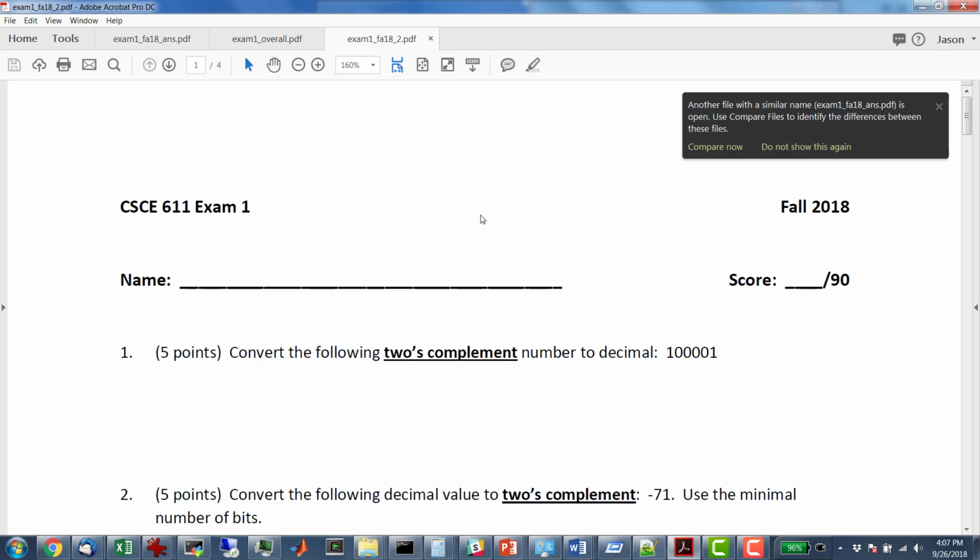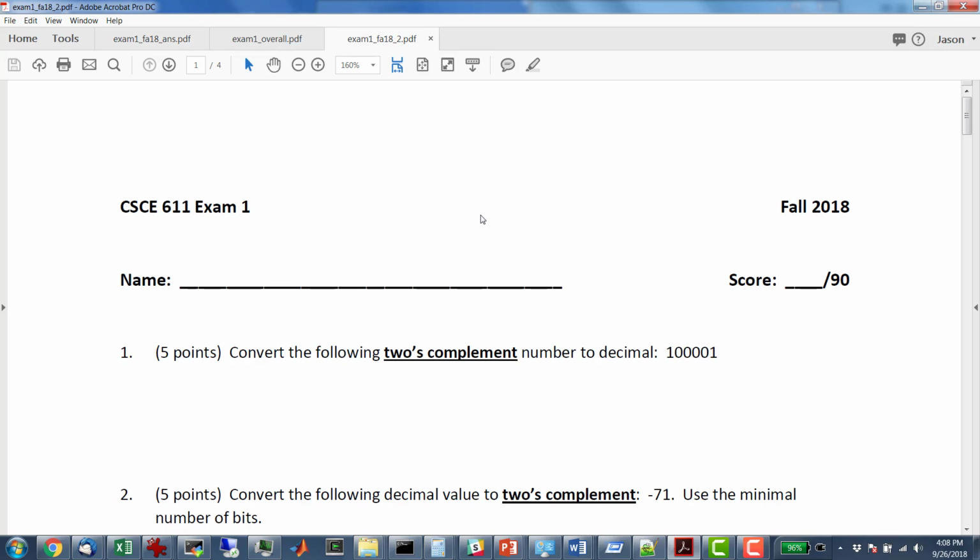So 2's complement. For the first question, convert the following 2's complement number to decimal. The first thing you want to notice here is it's 2's complement and the most significant bit is 1. That tells you right there that this should be a negative number.